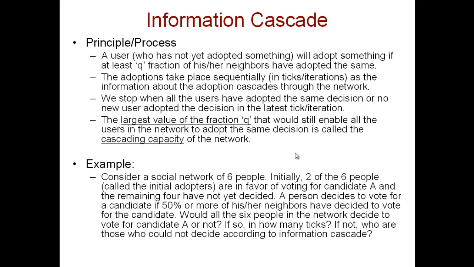We stop the process when either all the users have adopted the same decision or no user has adopted a decision in a particular iteration or tick. What is more important is the largest value of this fraction q that will enable all the users in the network to adopt a decision. Such a largest value of the fraction q is called the cascading capacity of the network.